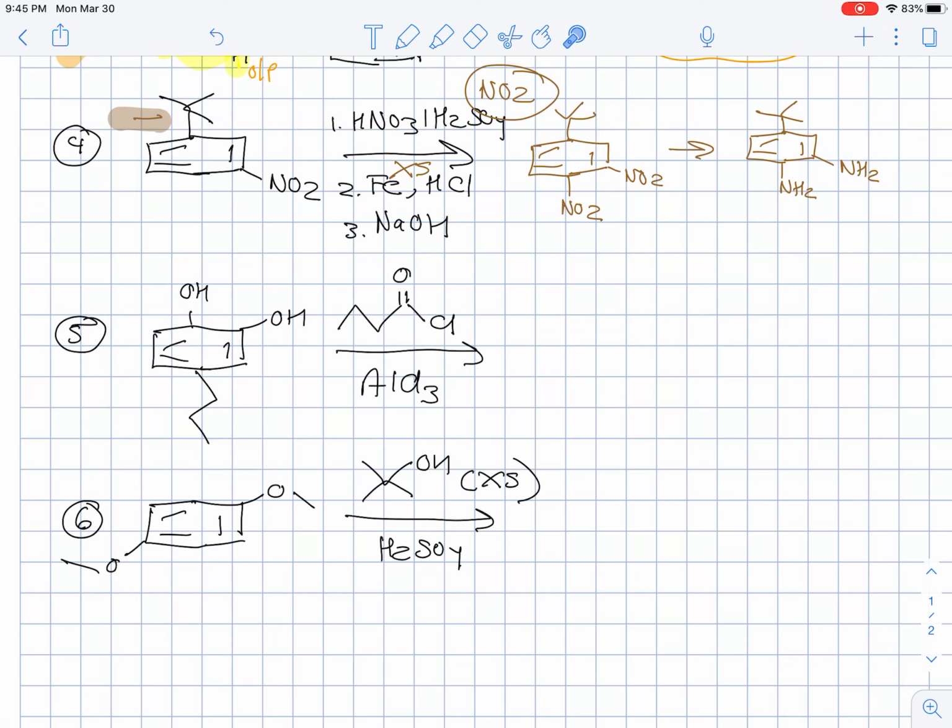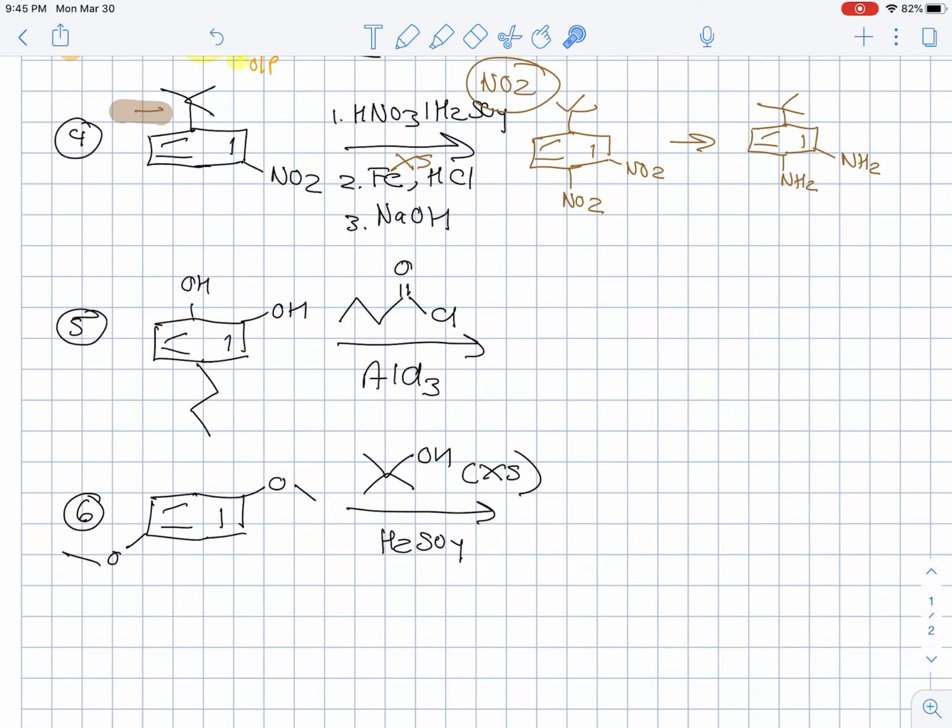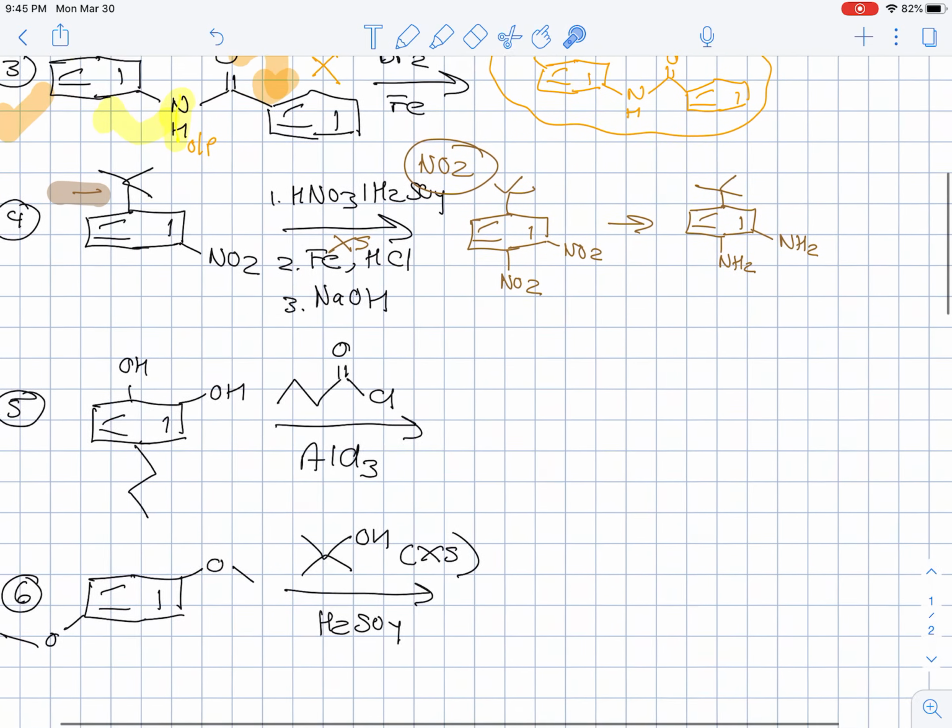Again, we're not going to put it there. And between these 2 positions, this is probably your better choice, at least electronically. The reason I'm saying that is that this is ortho to the ortho-para director and para to the ortho-para director. That's a better choice, probably, than putting it ortho to the ortho-para director and then meta to the other one.